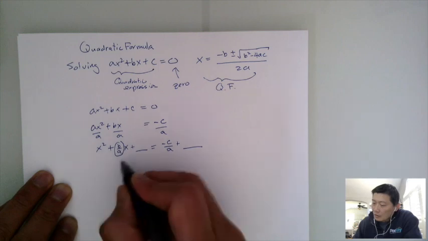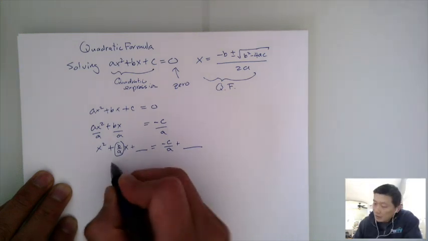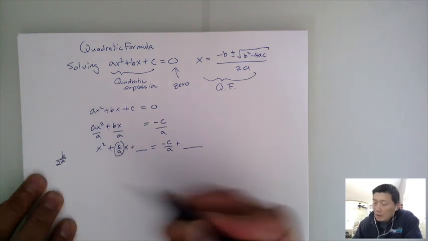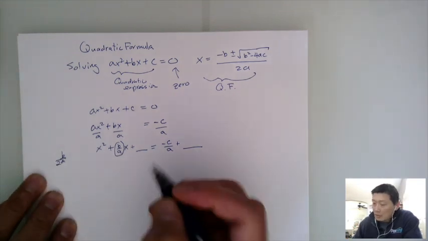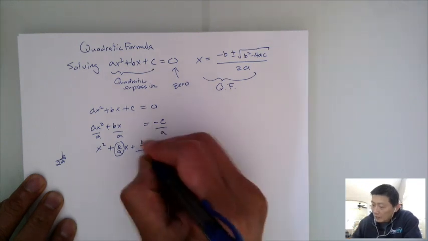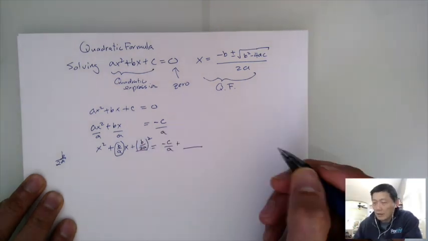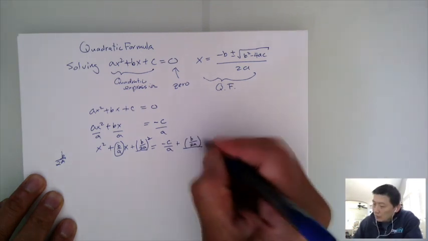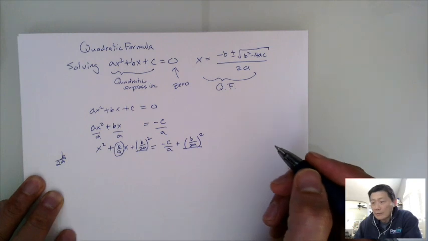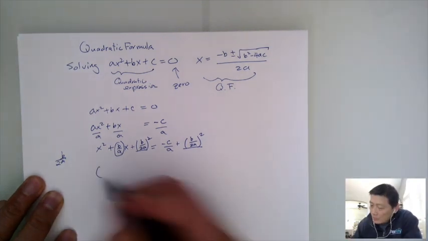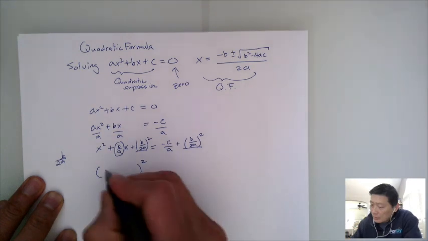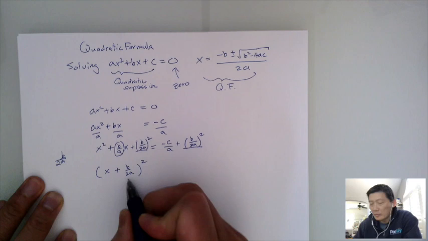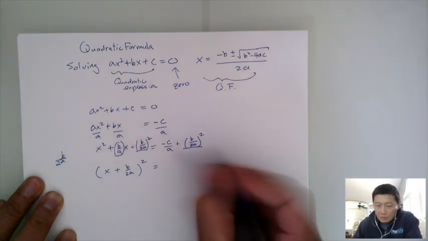So if you do that, you take the b over a and divide by 2. That becomes b over 2a, and then you square it, so you have b over 2a squared. You do exactly the same thing on the other side because you're dealing with an equation. What does that mean? Now you have a complete square: x plus b over 2a, squared, which is equal to that whole thing.